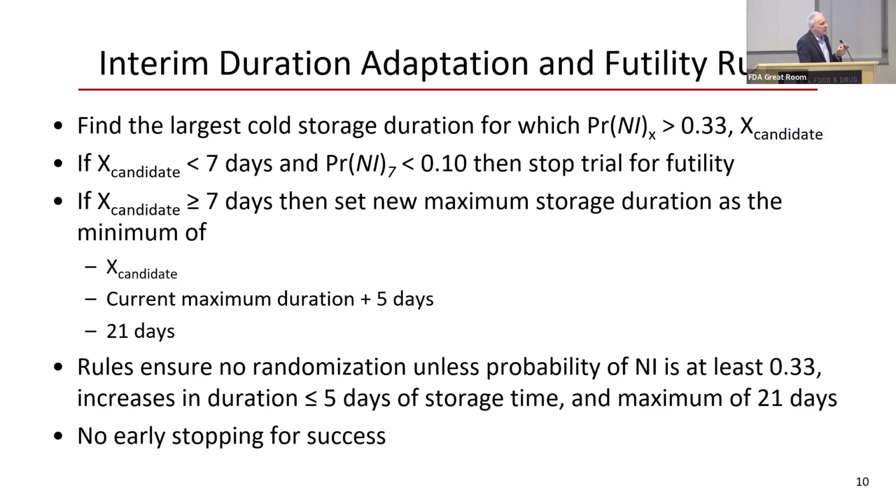What these rules mean is that for whatever the current maximum storage duration is, we can only increase by up to 5 days, we cannot go over 21 days, and we cannot go past a storage duration for which there isn't at least a 1/3 probability of non-inferiority. There is no early stopping for success in this trial design.